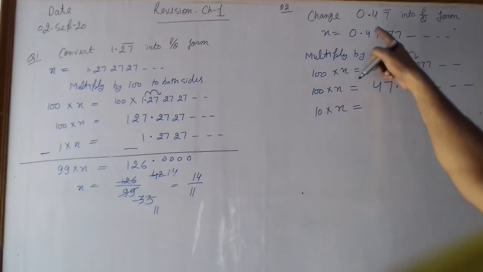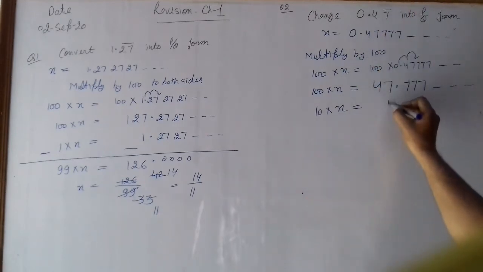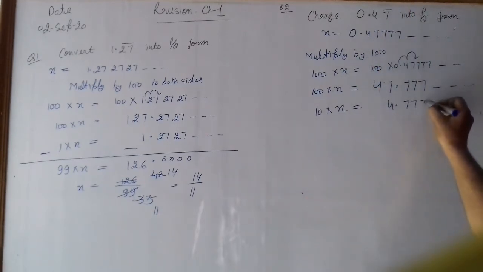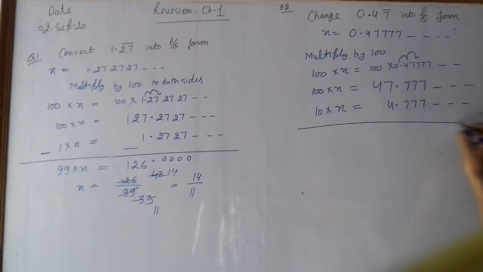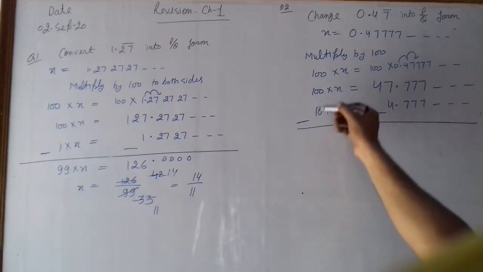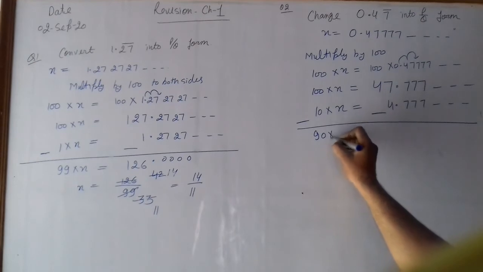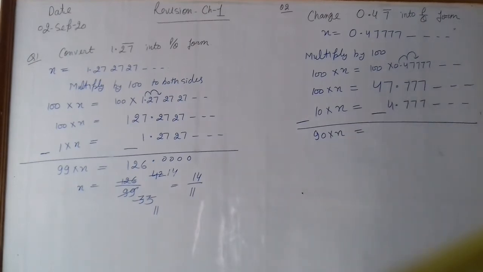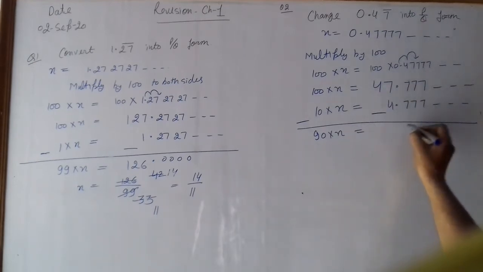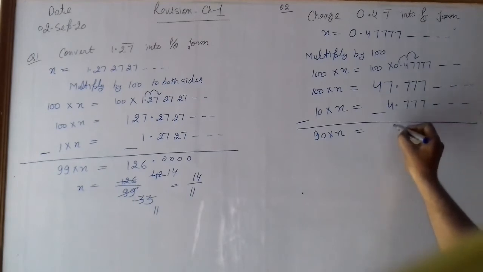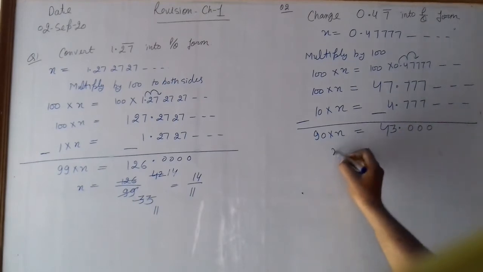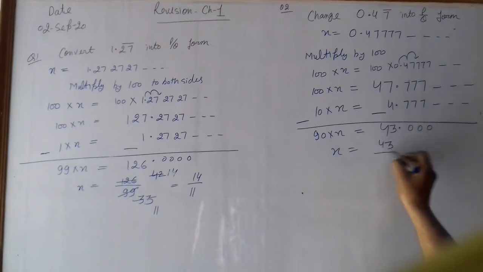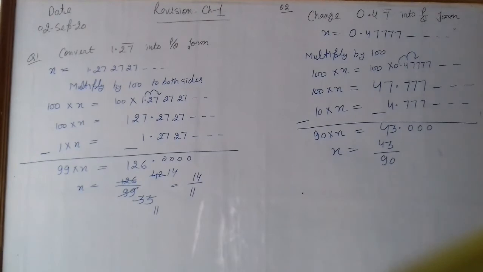So if we multiply by 10, the point will shift only one digit. It becomes 4.777 and so on. Now, 100x minus 10x, we have 90 into x is equal to 43. x is equal to 43 upon 90, and there is no number by which we can cancel both of these.